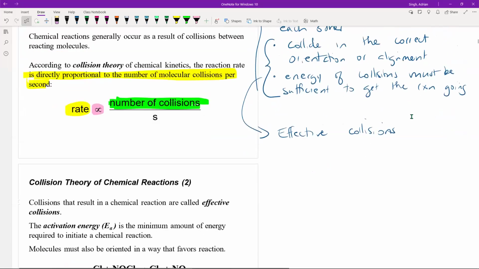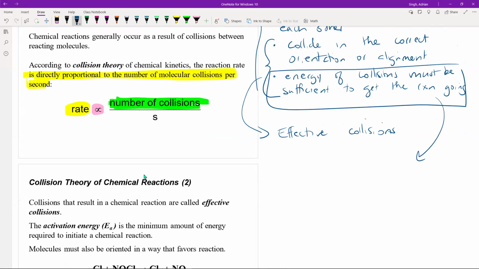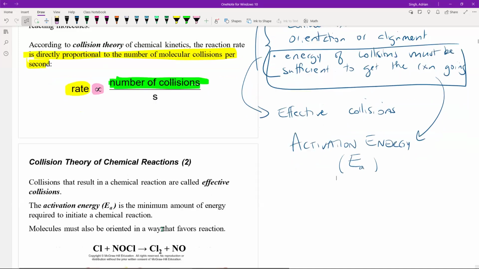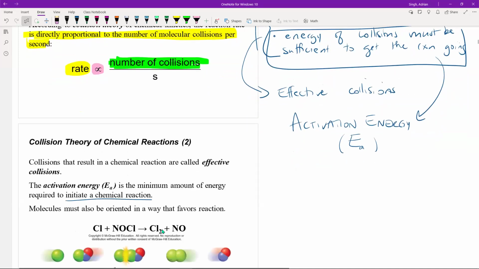And we talked about the energy of the collisions being sufficient to get the reaction going. There's a special term that we use to refer to that, and that is known as the activation energy, which is often abbreviated capital E subscript A, or E sub A, the amount of energy needed to initiate or to start a chemical reaction.